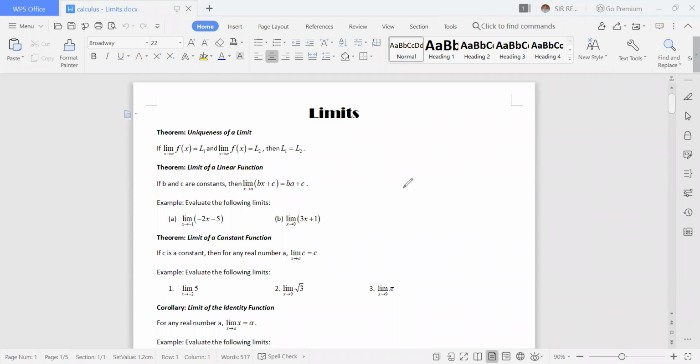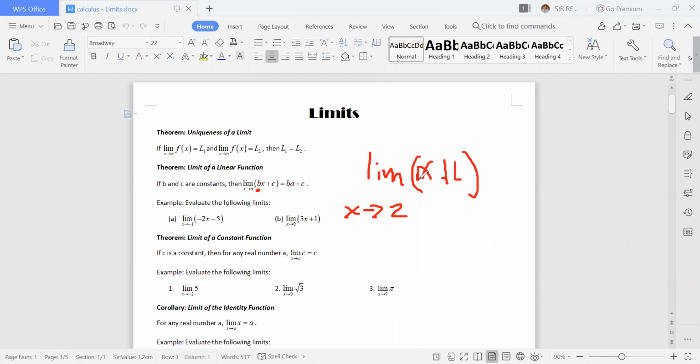Okay. So, the same thing with the previous example. This is the example from earlier. Our f of x is x plus 1. So, in this case, as x approaches 2, your b is 1, right?